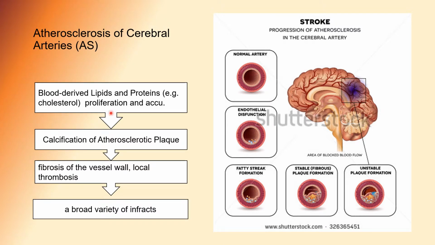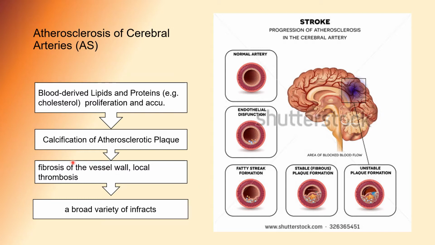Here is an example. This is the most common infarct. It's called atherosclerosis of cerebral arteries. There are 4 steps. The first step is blood-derived lipids and proteins such as cholesterol proliferation and accumulation. Let's look at here and here.